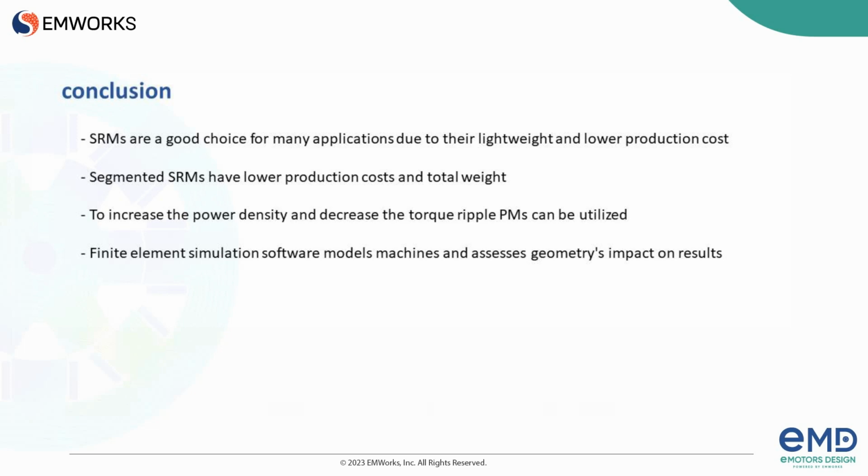Segmented SRMs have lower production costs and total weight due to the empty area between the segments, and they have very good maintenance characteristics. To increase the power density and decrease the torque ripple of these segmented SRMs, we use permanent magnets to increase the average torque and decrease the torque ripple.